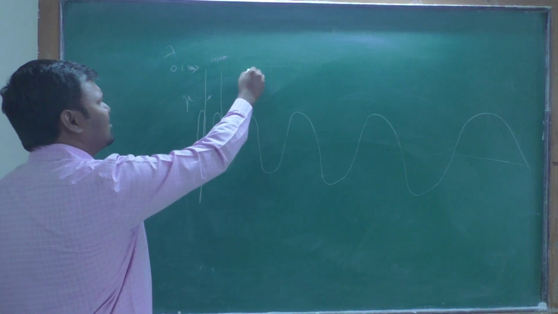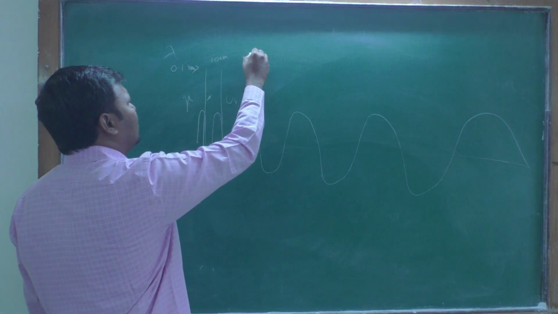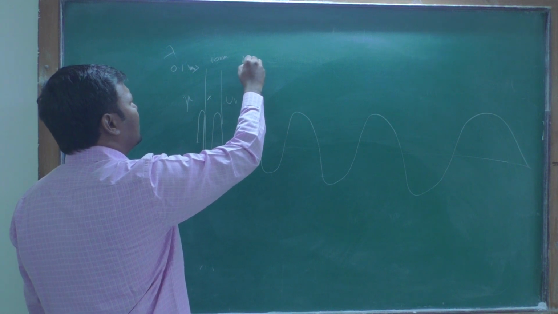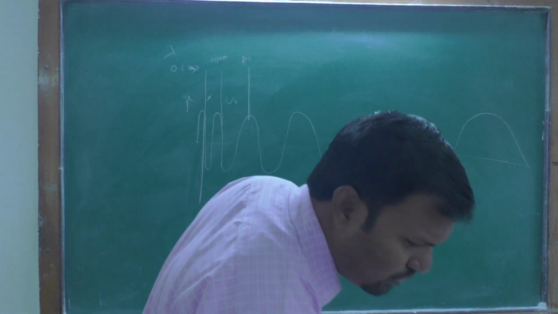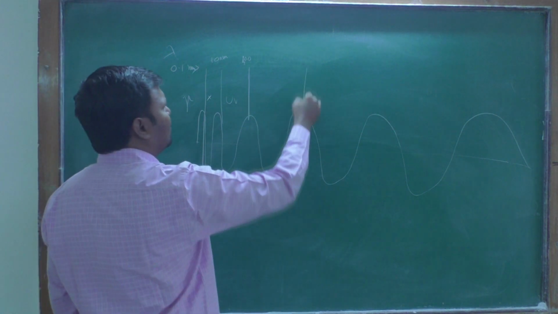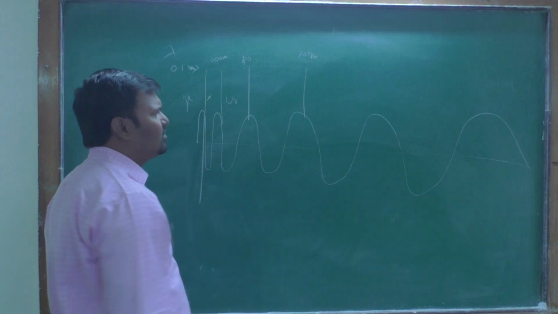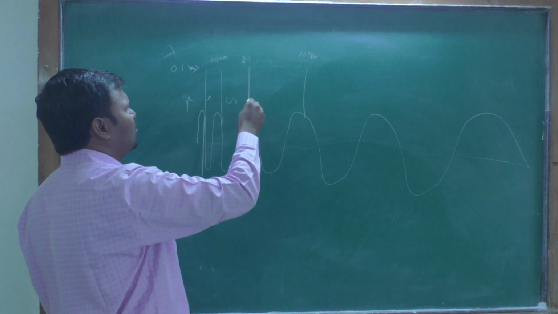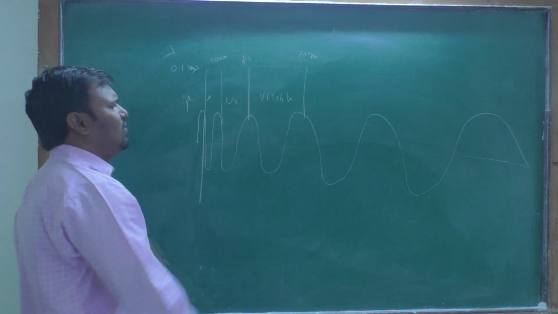The next region is the UV region, which is 10 nanometer to 400 nanometer, and the visible region is 400 to 700 nanometer.